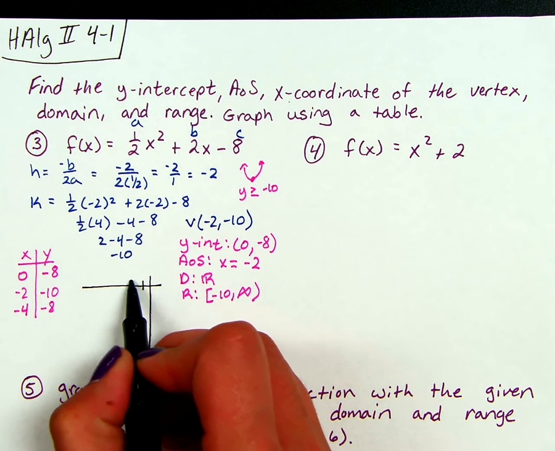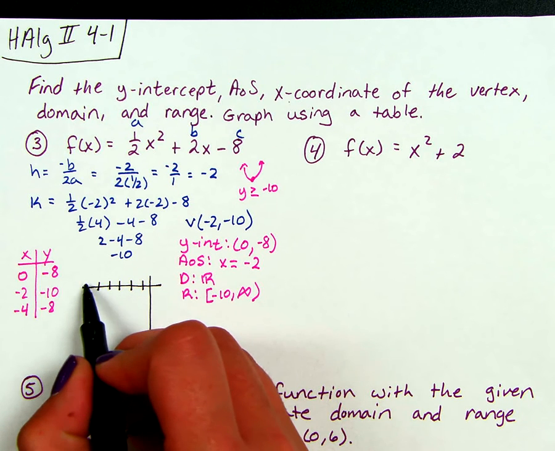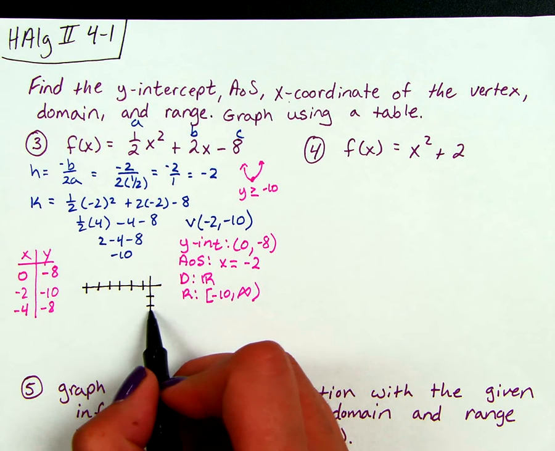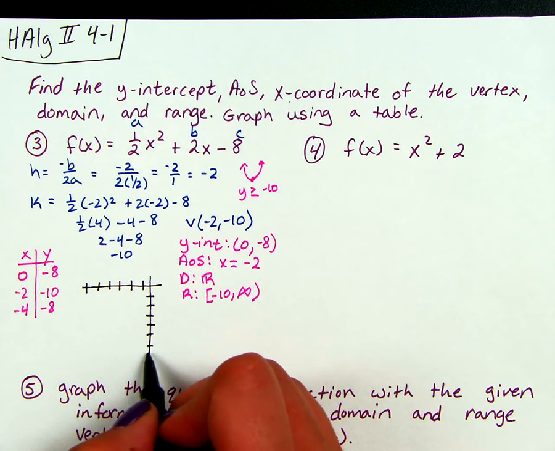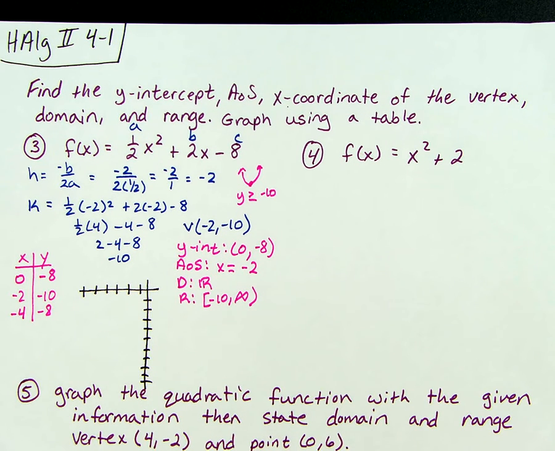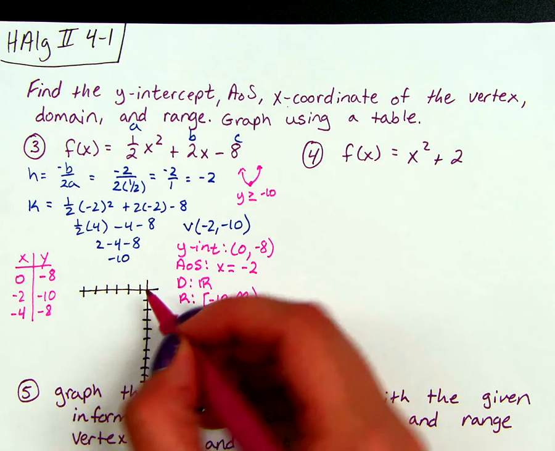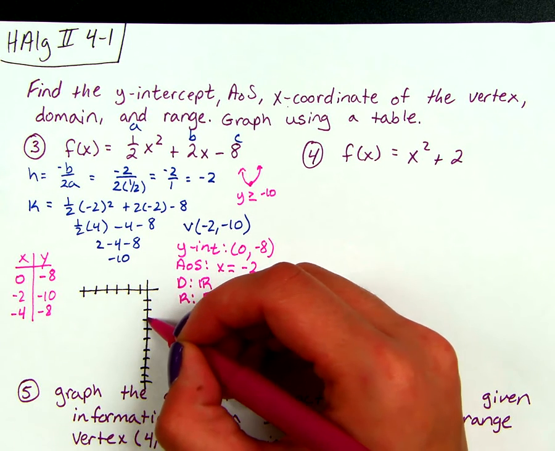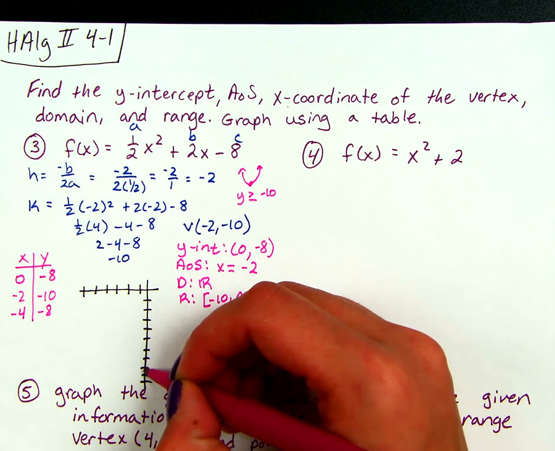So 1, 2, 3, 4, 5, 6. 1, 2, 3, 4, 5, 6, 7, 8, 9, 10. All right, so we are going down 8. So 1, 2, 3, 4, 5, 6, 7, 8.